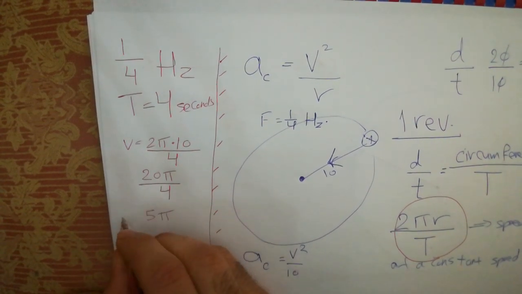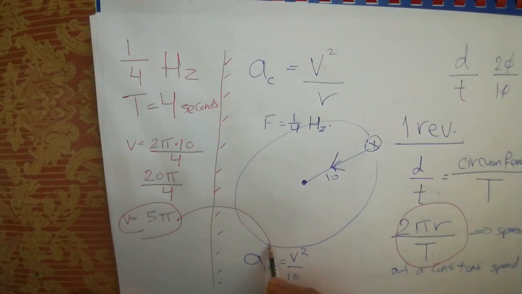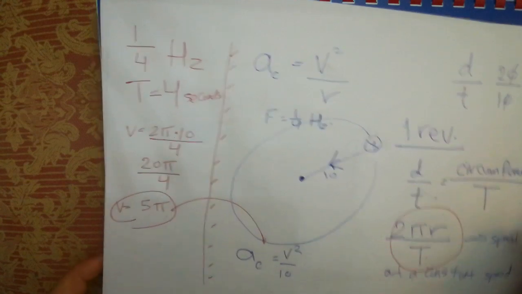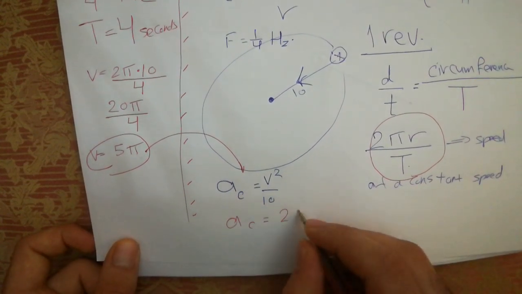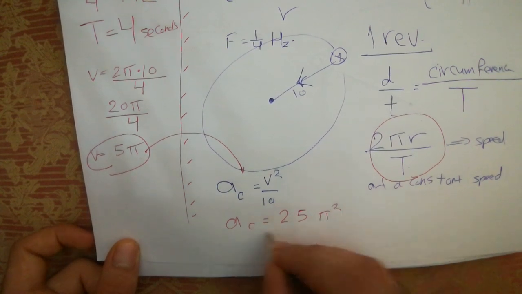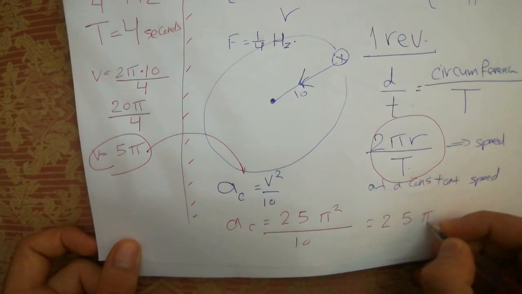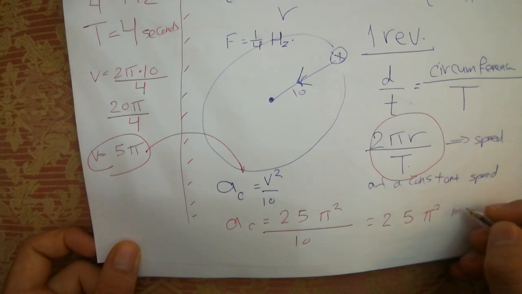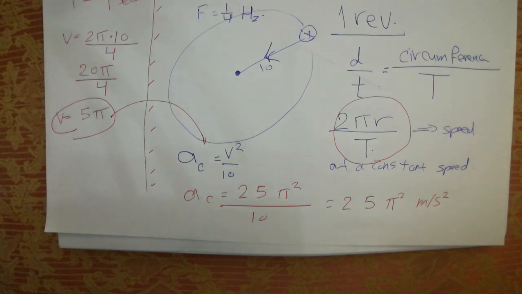So that is your speed. So you go there. No, that was a really weird accent. I'm sorry for that. The centripetal acceleration would equal 25 pi squared divided by 10. That is equal to 2.5 pi squared meters per second squared. And that is how you solve the problem. See you in the next one.